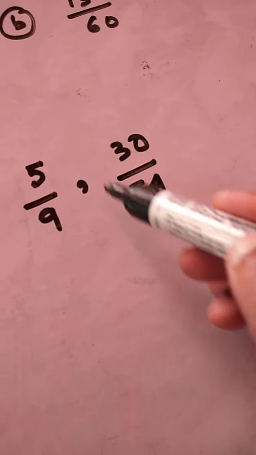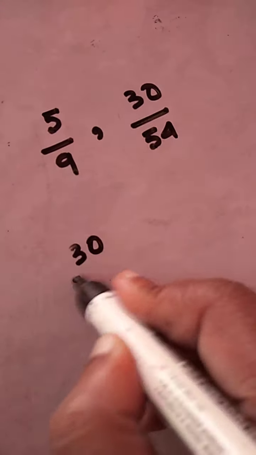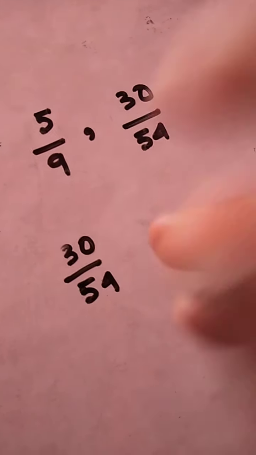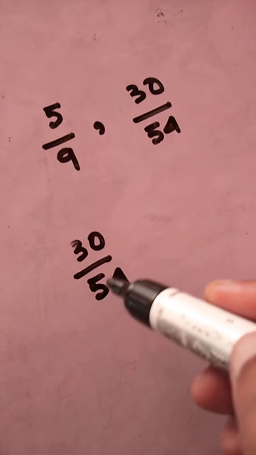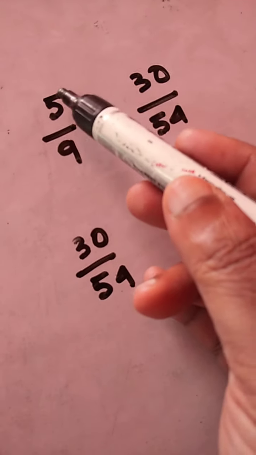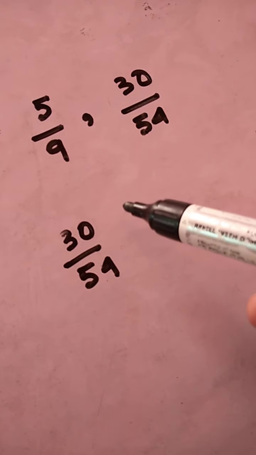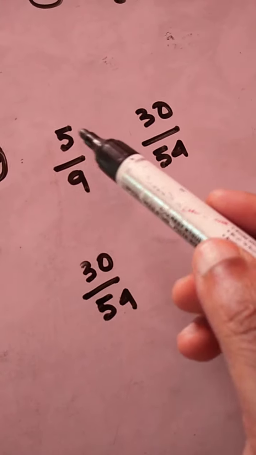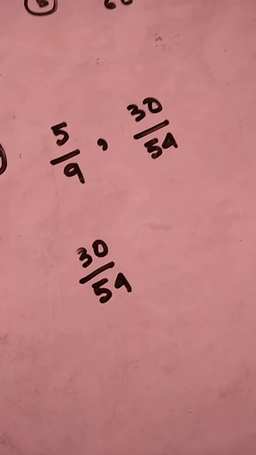Now we'll concentrate on the second fraction, that is 30/54. Our main objective is to see whether, after reducing, the value equals 5/9 or not. If after reducing the value comes to 5/9, then we will say that yes, these two fractions carry the same value, so they are equivalent in nature.